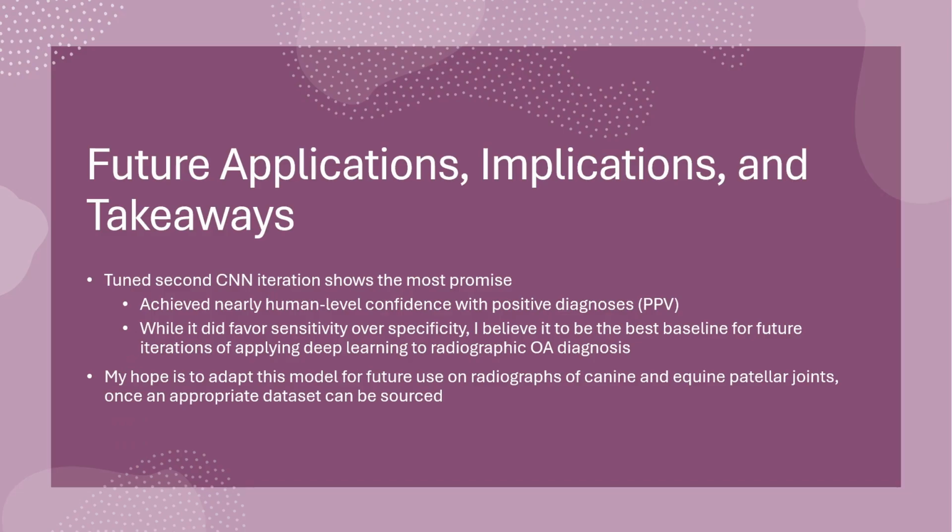Future applications, implications, and takeaways. In my opinion, the tuned second CNN iteration shows the most promise. It was able to achieve nearly human-level confidence with positive diagnoses, and while it did favor sensitivity over specificity, I believe it to be the best baseline for future iterations of applying deep learning approaches to radiographic OA diagnosis of the patellar joints.